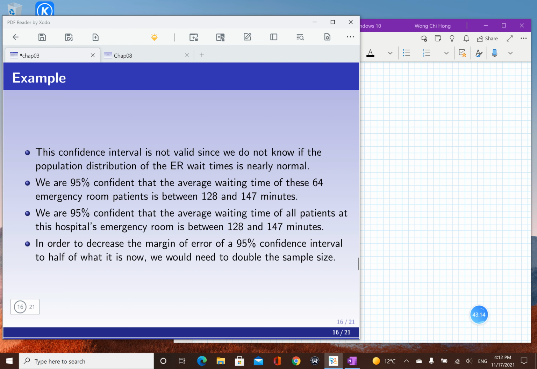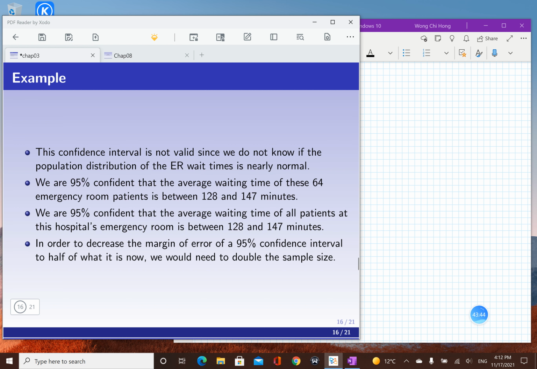What we are 95% confident about, the third statement here, is that the mean value of all patients, the ones that we don't get to ask, the true mean value, is between these two numbers.